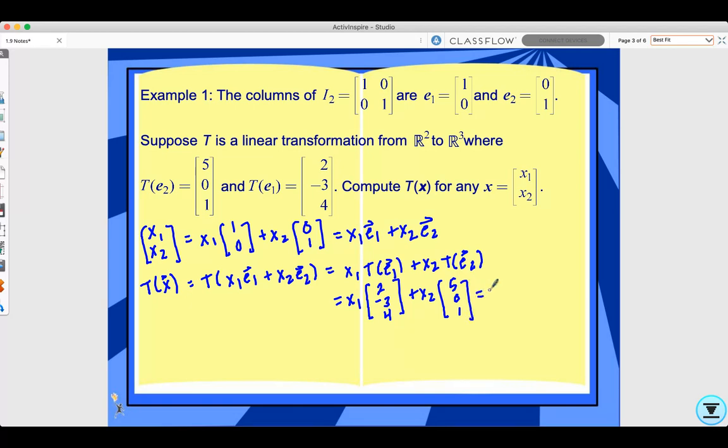And when we actually multiply it, this equals (2x1 + 5x2, -3x1 + 0x2, 4x1 + x2). So I have my transformation of x equals the matrix with columns (2, -3, 4) and (5, 0, 1) times (x1, x2).